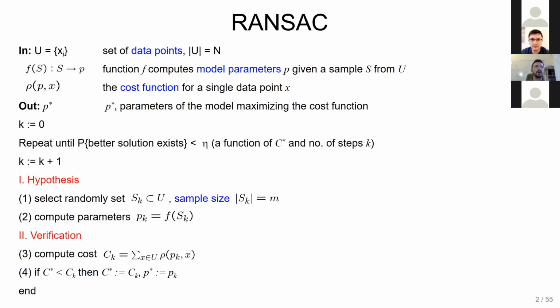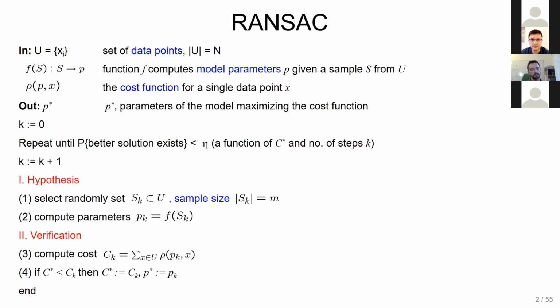In the first step, you generate hypotheses by selecting a random sample, which is of the minimal size, so that you are able to estimate a finite number of models.